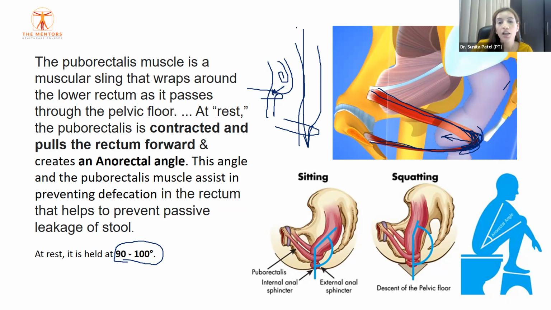It is something like I am pulling my finger like this. So the rectum, I'll pull it like this, so this angle will be maintained. It should not be straight; it should always be like this. If your puborectalis muscle is strong, then the pull will be strong, the hold will be strong, and your leakage of stool will not be there.